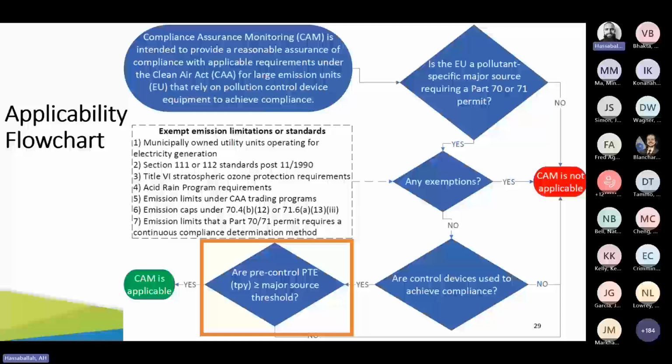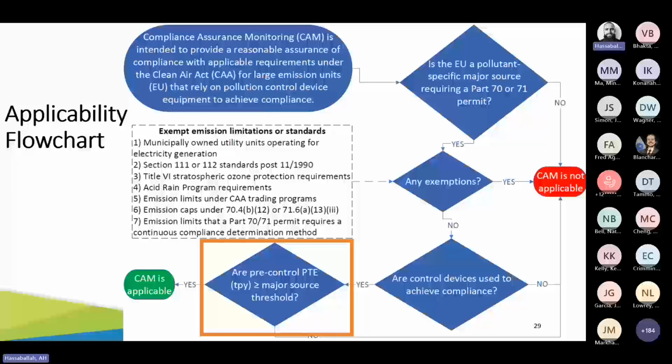But briefly, it starts off with laying the foundation of what CAM is. It requires you to identify a pollutant-specific emission unit for a major source requiring an operating permit. You're required then to consider if that particular unit is subject to any exemption requirements. If it is, you're automatically not required to implement CAM.